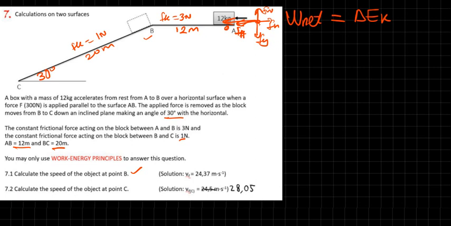The friction and the direction of motion go in opposite directions, which is an angle of 180 degrees. And the direction of motion and the gravity or the normal force act at 90 degrees, so that is going to be cos 90. So the normal force and the gravitational force do 0 work.